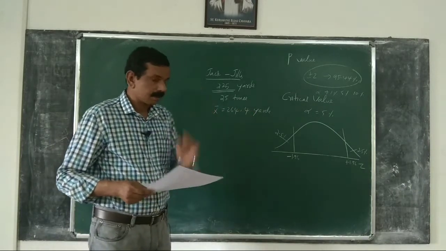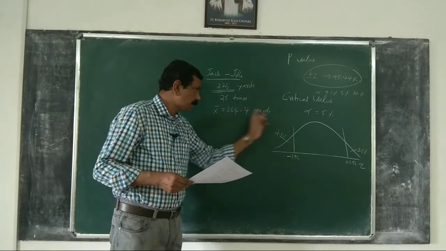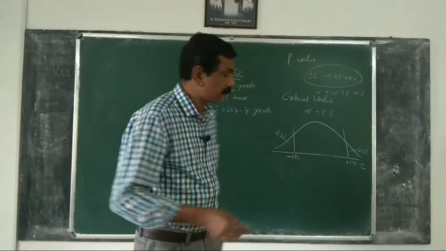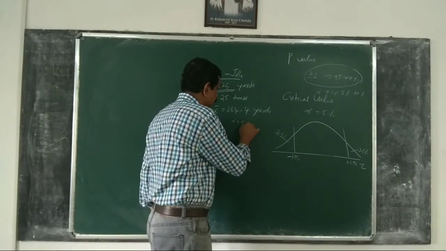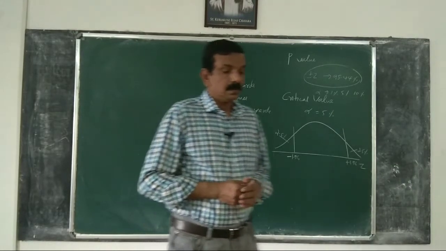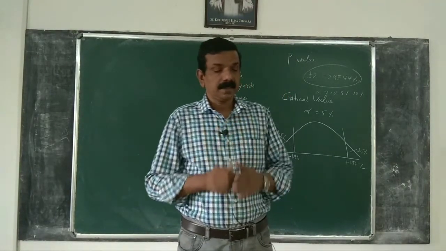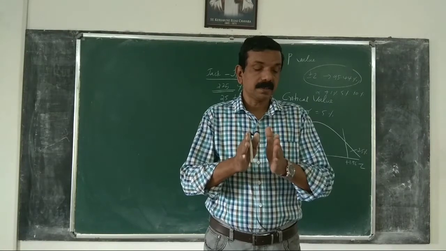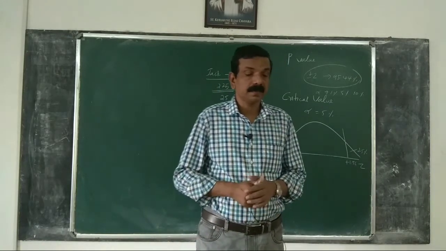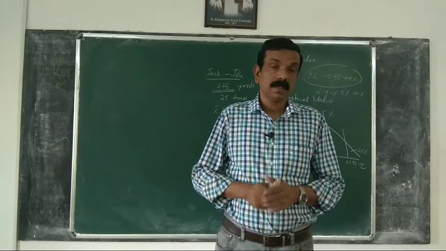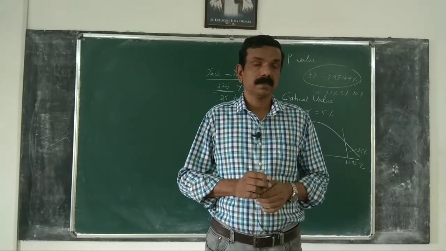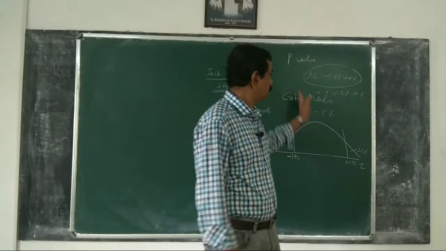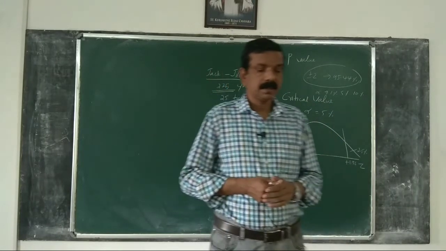Now the question is, at the 5% significance level, at alpha equal to 5%, do the data provide sufficient evidence to conclude that the mean driving distance is less than 275 yards?